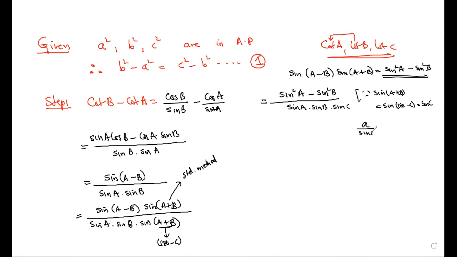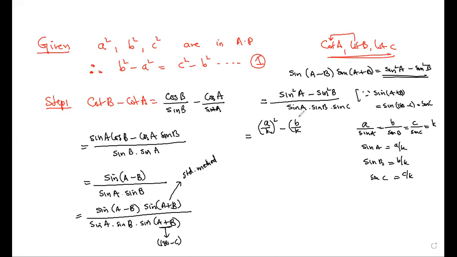a upon sin A equal to b upon sin B equal to c upon sin C equal to K. So sin A can be replaced by a by K, sin B by b by K, sin C by c by K. So let's replace it. a by K the whole square minus b by K the whole square, divided by a by K, b by K, c by K. So I converted everything to abc.